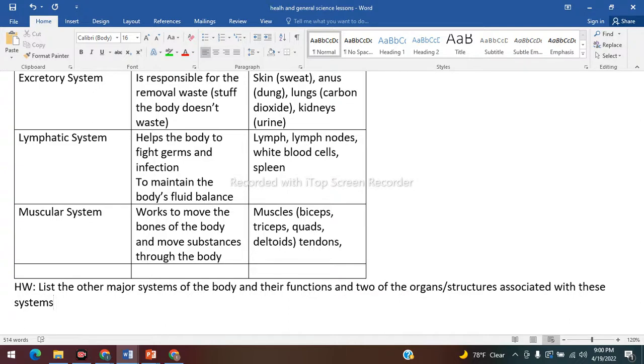All right, so I want you to do the rest. We did the muscular, lymphatic, excretory, digestive, endocrine, and circulatory. I want you to do the rest.